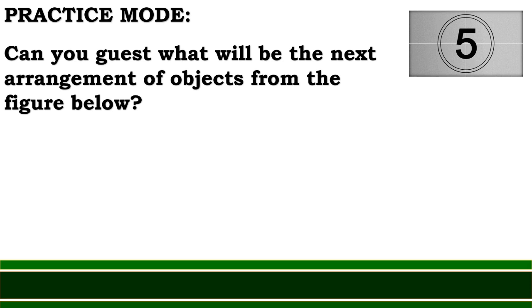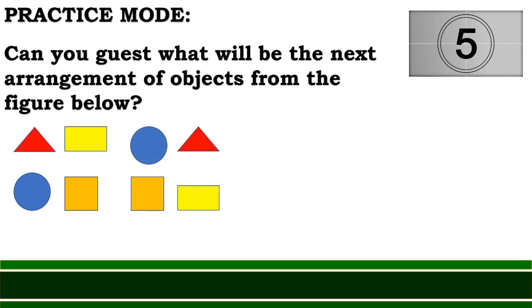Let us try this one. Can you identify the pattern? Or can you guess what will be the next arrangement of the objects from the figure below? Try to look at the objects, and I'll give you 5 seconds to identify what will be the next position of the objects.